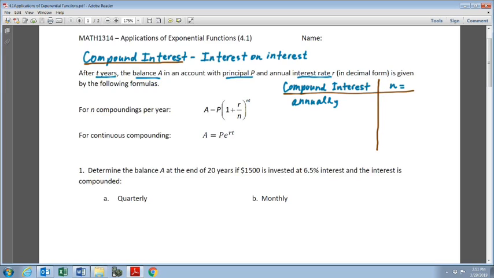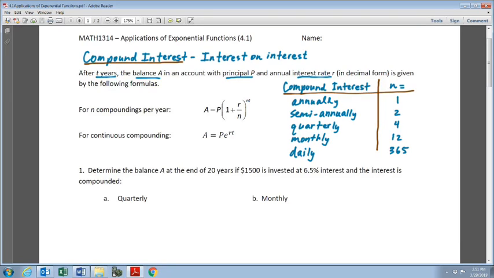So if they use the word annually, that means n is 1. They're applying interest to your account once each year. Semi-annually, basically every 6 months, twice a year, they're applying interest to your account, so n is 2. Quarterly is 4. Monthly is 12. And daily, they use the number 365.